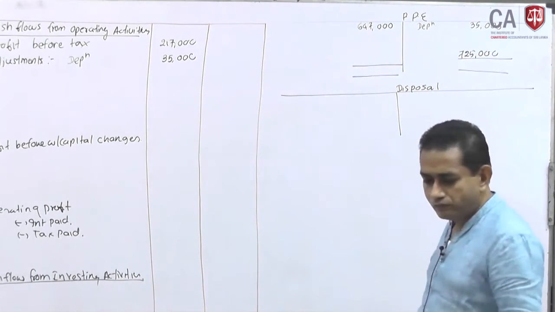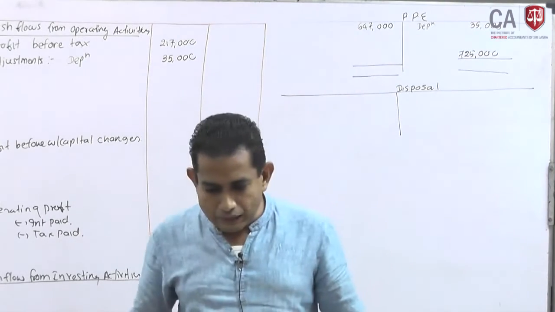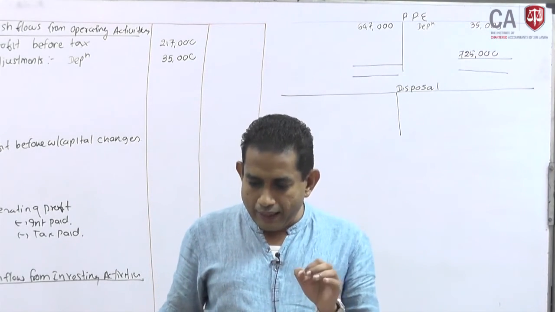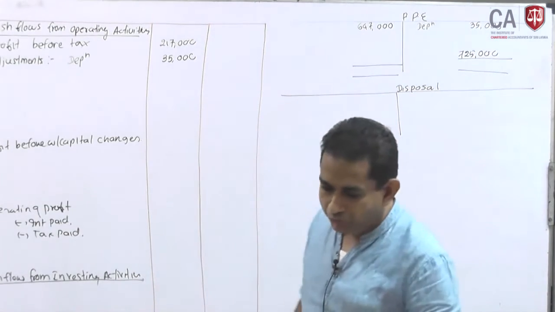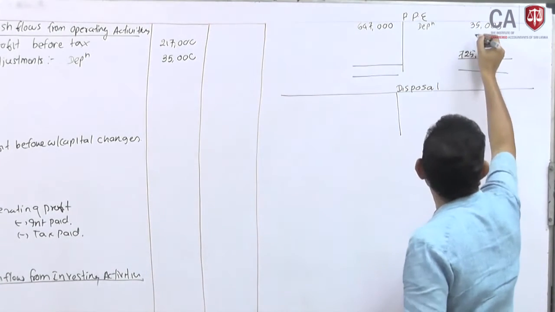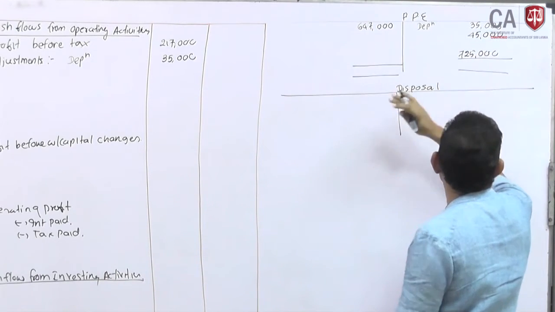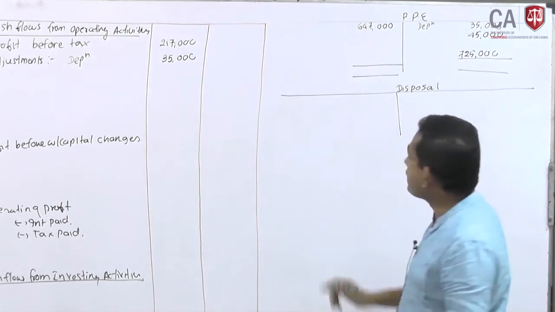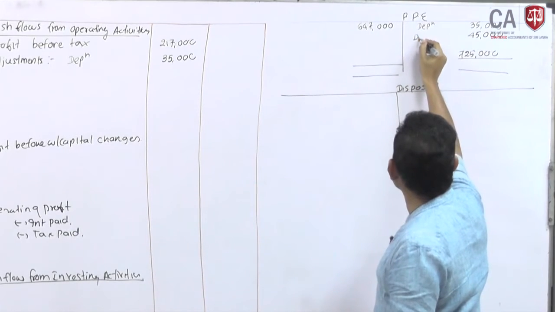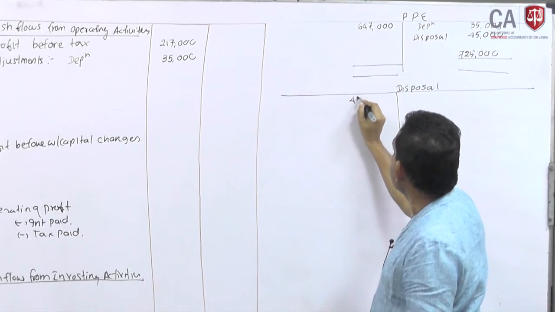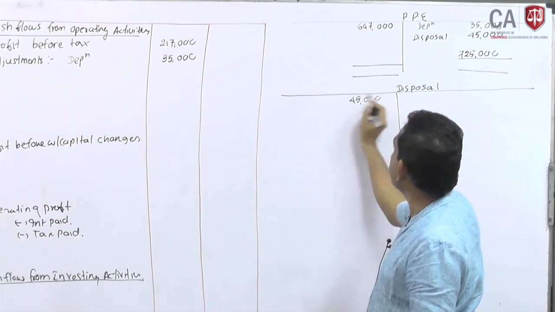Right. What else does adjustment number 1 talk about? An asset with a carrying value of 45,000 has been disposed of, so we will eliminate that from the asset account. Disposal: credit property, plant and equipment by 45,000, debit disposal by 45,000.